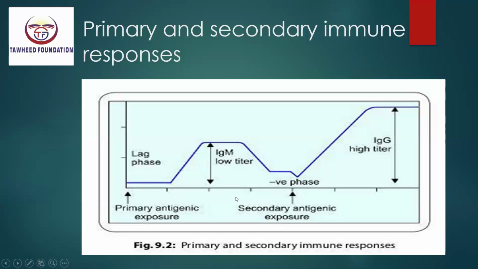Secondary antigen exposure. Upon re-exposure to the same antigen, the immune system reacts much more quickly and strongly thanks to memory cells generated during the first exposure. IgG high titer: now the body produces IgG antibodies, immunoglobulin G, in higher titer, that is higher concentration, and much faster than before. IgG provides more efficient, rapid, and long-lasting protection against the antigen.